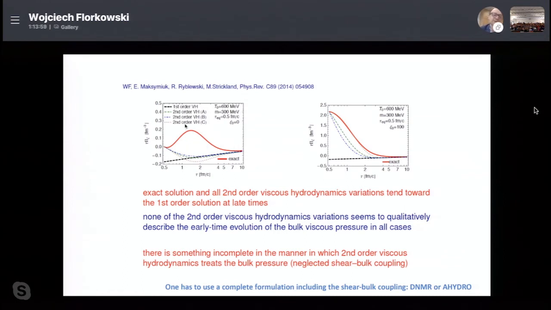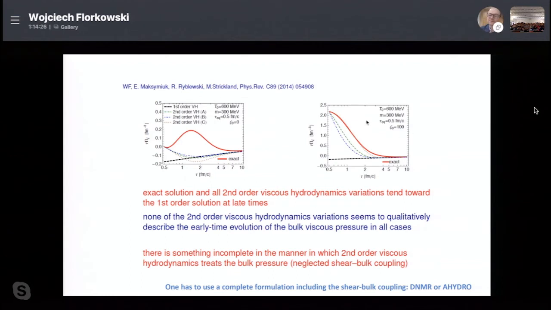But if we use Israel-Stewart hydrodynamics in the different versions A, B, and C, then we see that the behavior is completely different. The true bulk pressure grows, but the hydrodynamic equations tell us that it decreases.